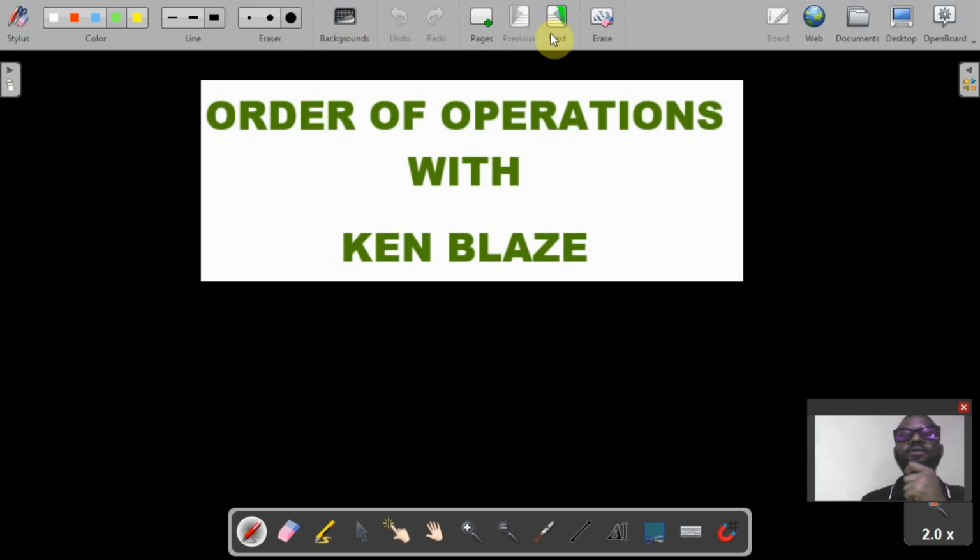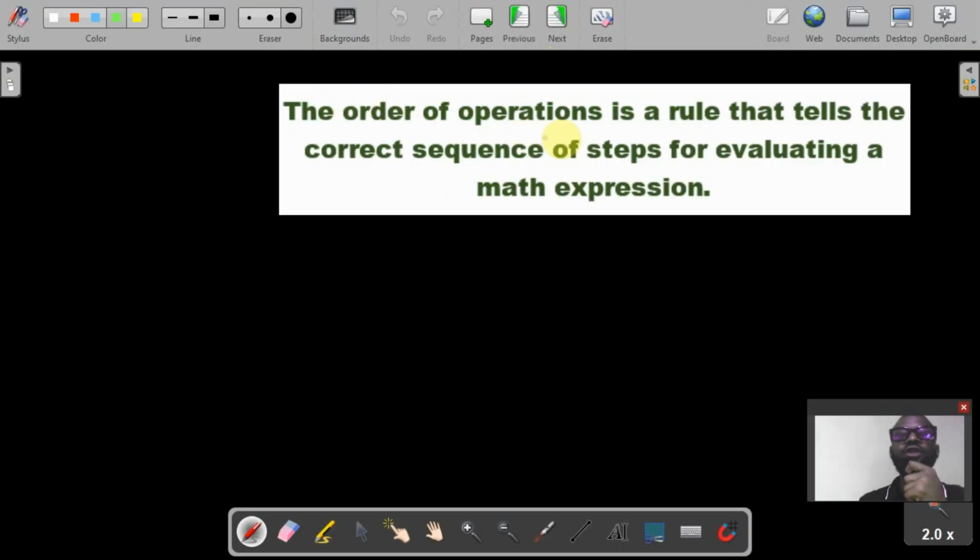Now let's define the order of operation. The order of operation is a mathematical rule that tells us the correct sequence of steps for evaluating a mathematical expression. When you want to evaluate a mathematical expression that contains all these operations, in what sequence are we going to follow the simplification?